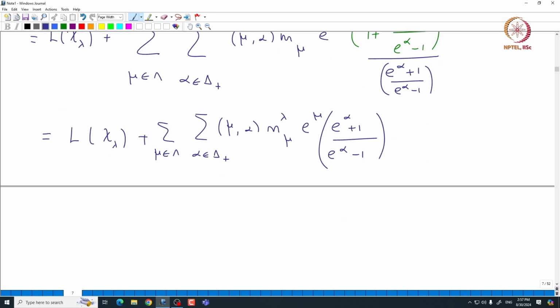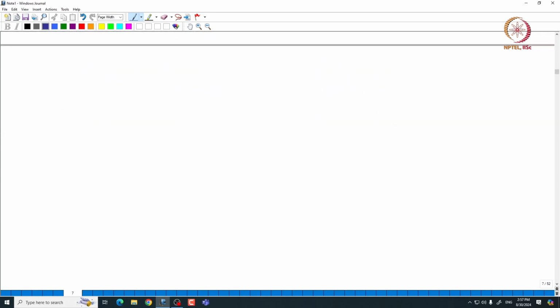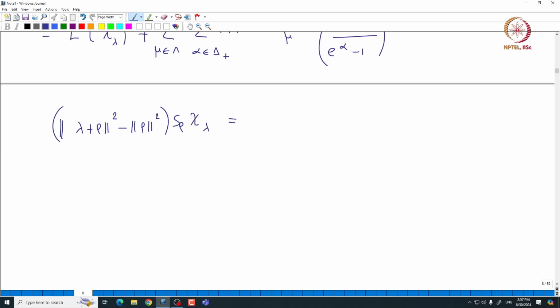Now if you put them all together, then we have the following identity, because the left hand side looks exactly like norm lambda plus rho square minus norm rho square times S rho chi lambda, which is exactly equal to, okay, what we are going to do, we are going to multiply by S rho. So, let us do that later. So, let us write it chi lambda.